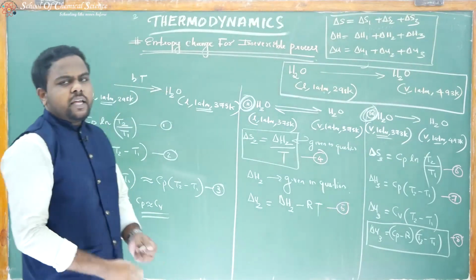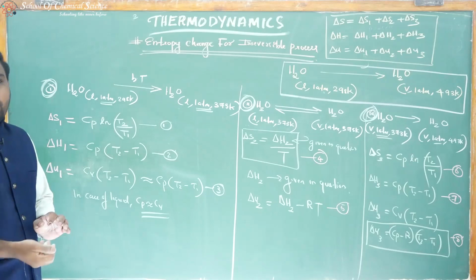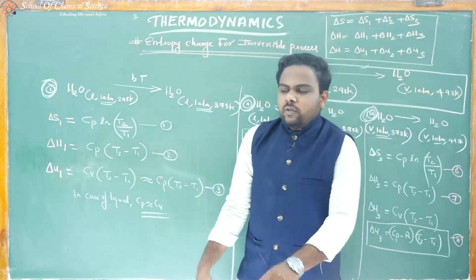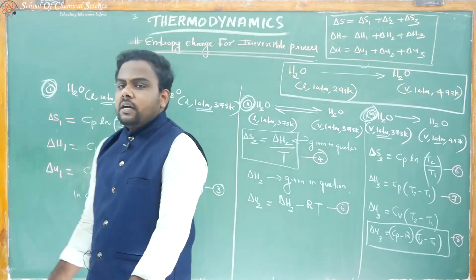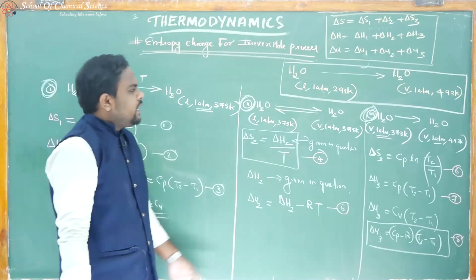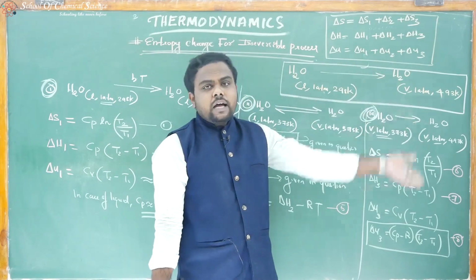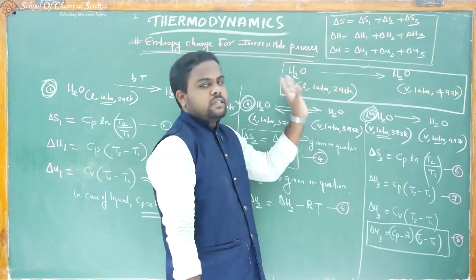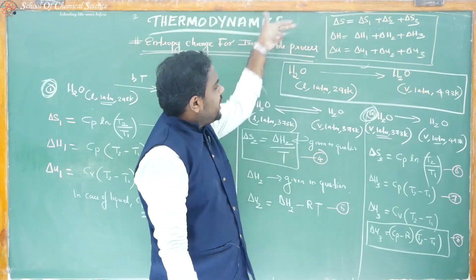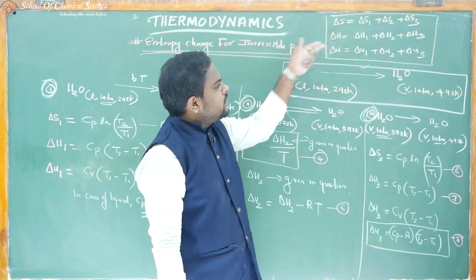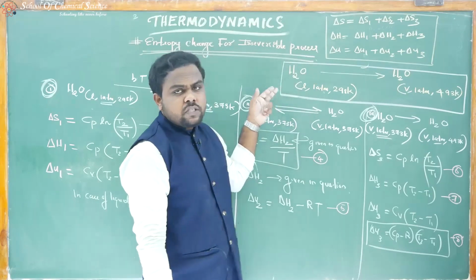This is the type of numerical that you can expect, only numericals. A transformation like this will be given in your question. It's an irreversible transformation. A liquid at 180 and 298 can be converted into vapor at another condition. It is irreversible. So you have to find the entropy change, enthalpy change and internal energy change for this process.